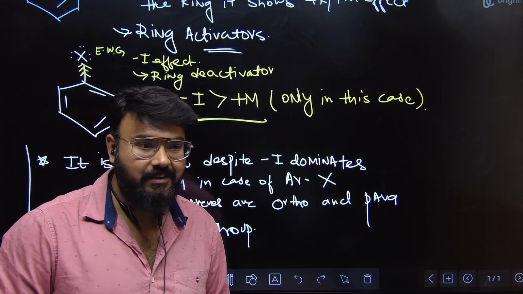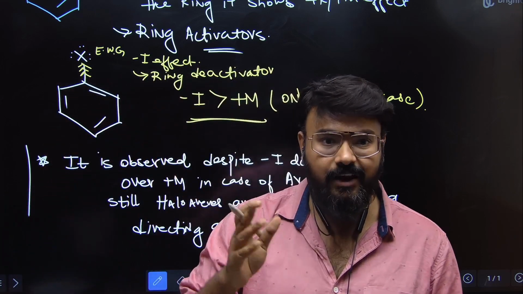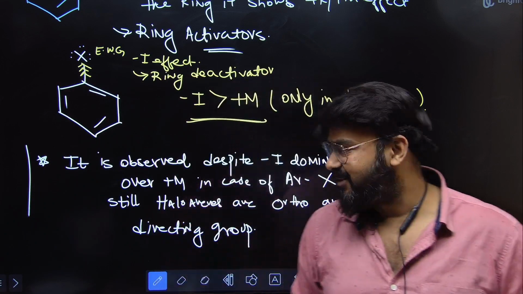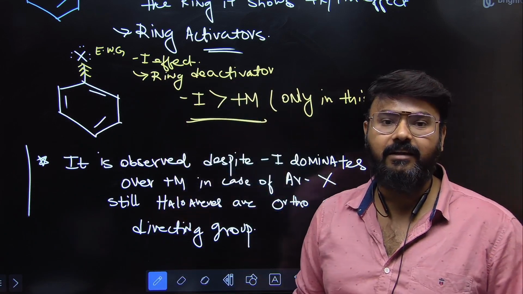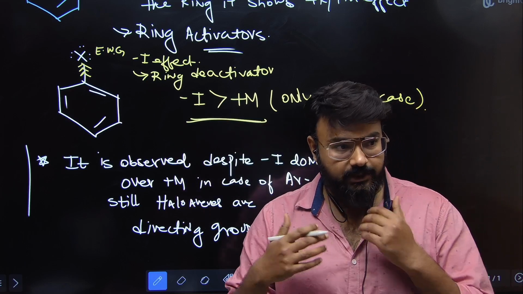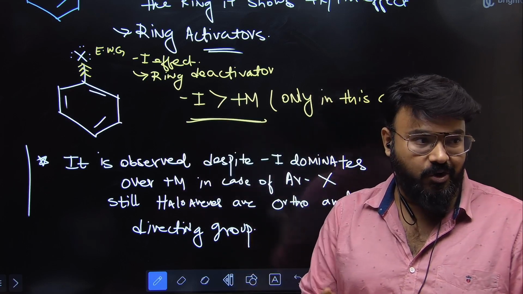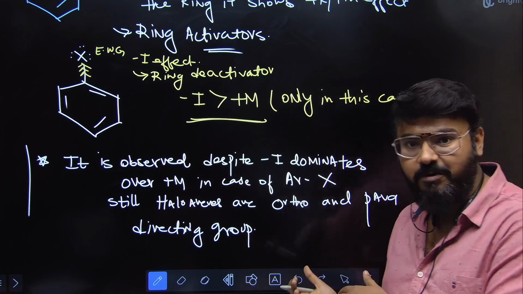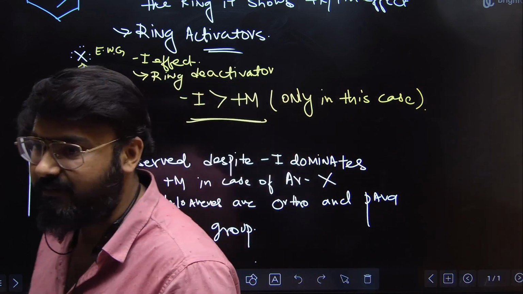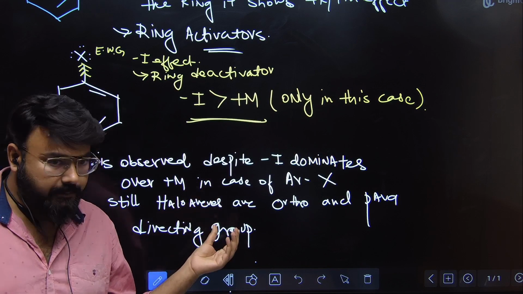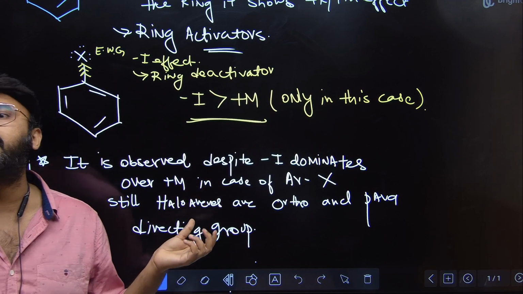Ring deactivators send the electrophile at meta position. But still you are telling, despite minus I dominating over plus M, it is still according to plus M, not according to minus I. It is still ortho and para. How? That's the question. So guys, that part I will be discussing in detail in the entrance class.